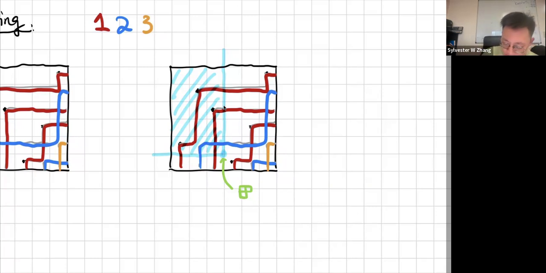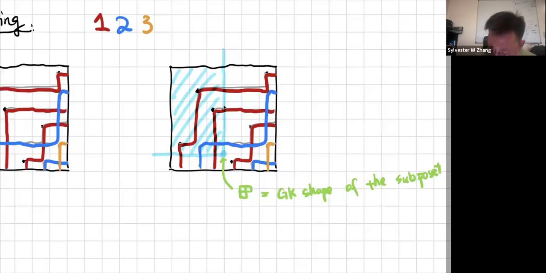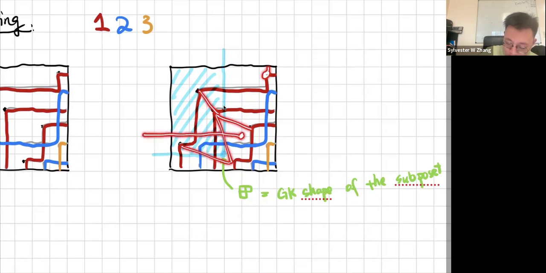But in terms of Greene-Kleitman theory, these are the Greene-Kleitman shape of the subposet. So you remember you have a permutation poset, the inversion poset of the permutation, and then you can pick any vertex on this grid and then look at this cone and then get the subposet.